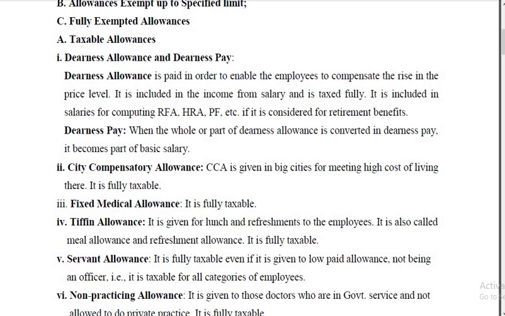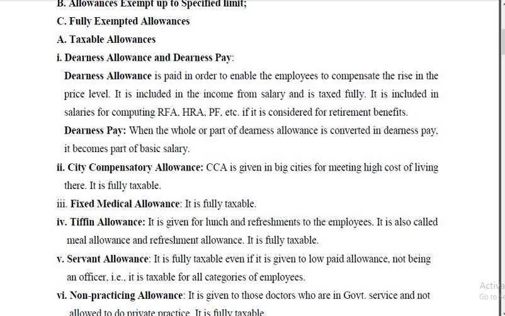What is dearness pay? Normally, DA converted into dearness pay becomes part of basic salary. But regarding dearness pay, there are different interpretations. So don't bother about the differences.